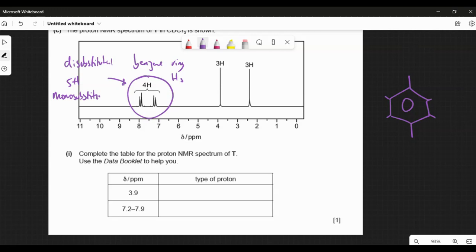In other words, there's 1 thing on my benzene. But this tends to suggest there's 2 things on it. I don't know where they are. They could be at positions 1, 2, 3, 4, 5, 6. They could be positions 1 and 4. I don't know. All I know is it's disubstituted.